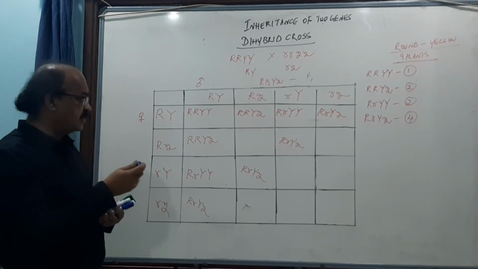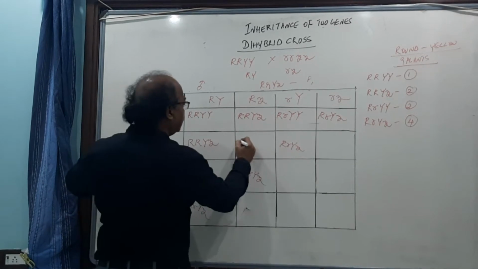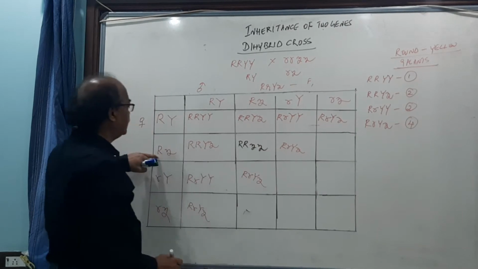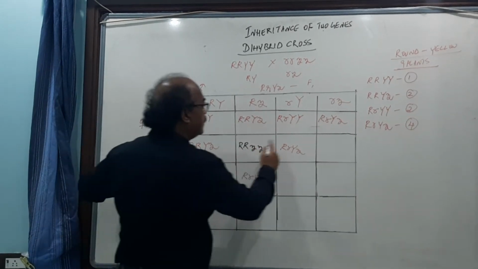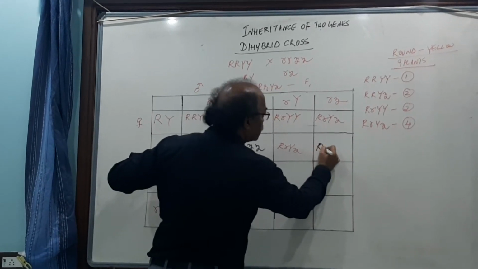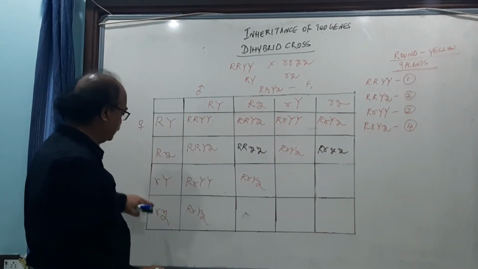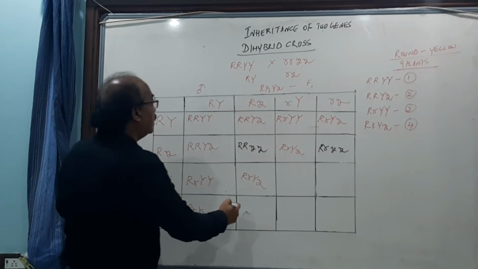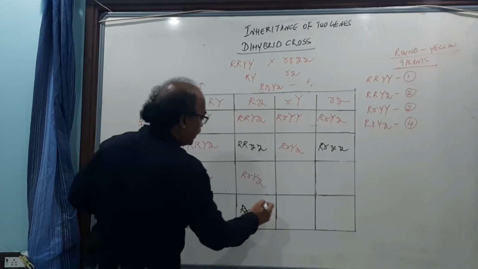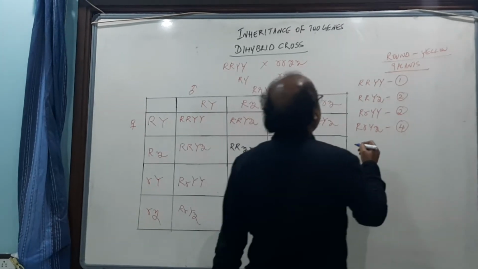Now let us see the other one. Capital R, small y, small y. That is another type of expression, phenotype.